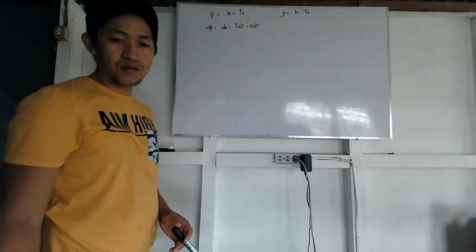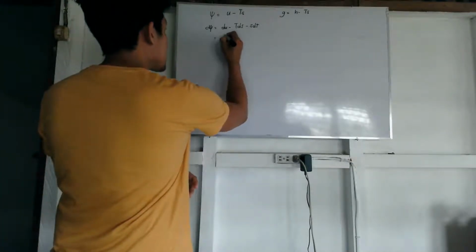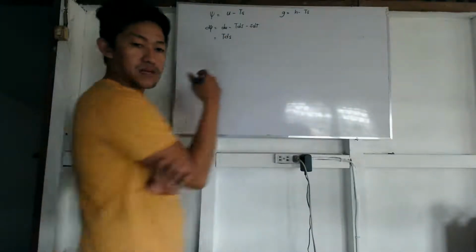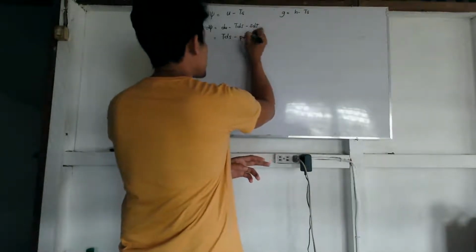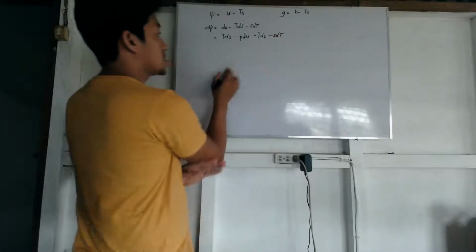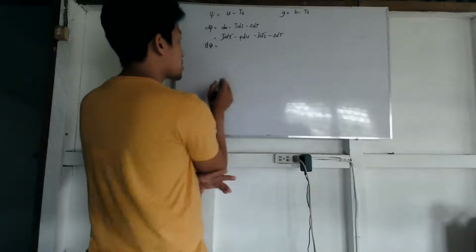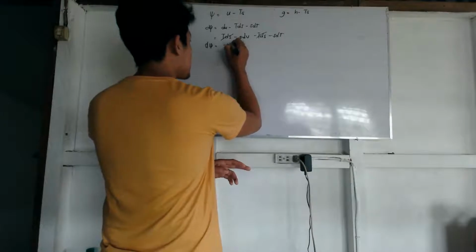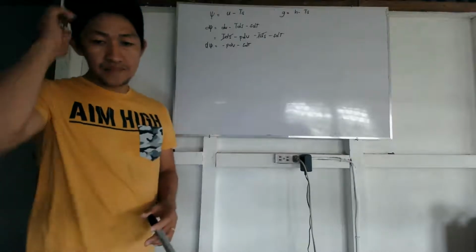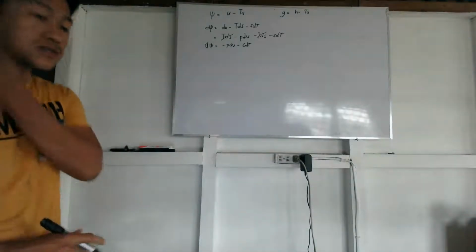And from the previous equation, we know that du is just T ds minus P dv, and then minus T ds minus s dT. So this cancels out. So the differential of the Helmholtz function is minus P dv minus s dT. Okay? So that is the differential of the Helmholtz function.